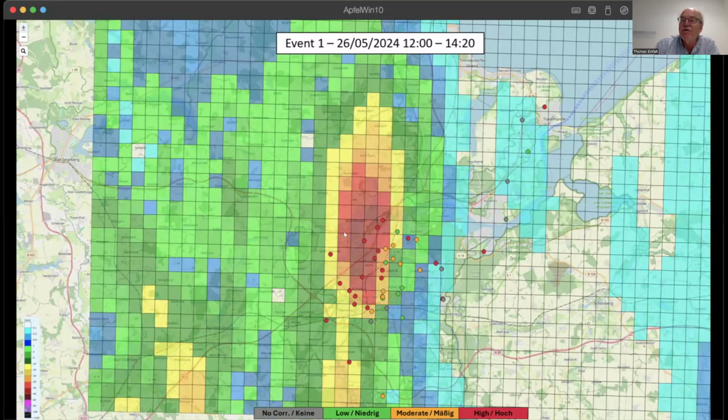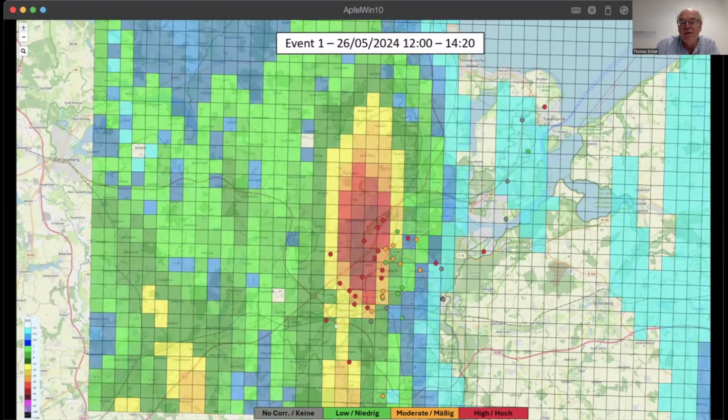So we came to this conclusion when we overlaid the overall rainfall amount, which you can see in the radar data, with the degree of correlation that we reached at each of the sensors.